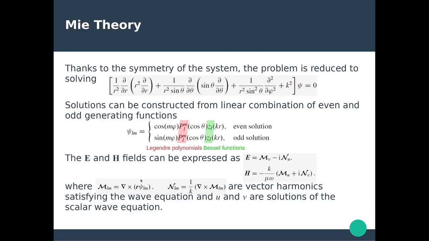And they are calculated directly from the solutions we obtain from Laplace's equation. Once you have those vector harmonics, you can calculate the electric and magnetic fields, where those indices, u and v, are the solutions of scalar equations.